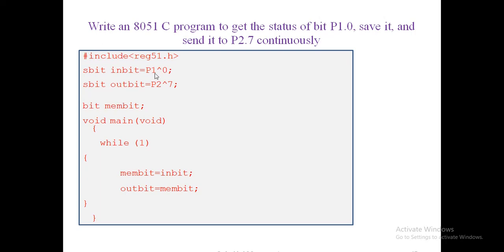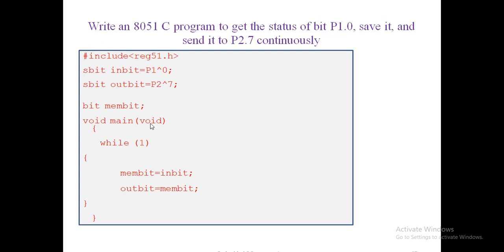But here, whatever data you are writing from P1.0, it can randomly choose some location in the RAM. So bit membit is a name I assign here, a data type with the name membit. Here I do not mention which bit is going to save the status of P1.0, but in assembly level programming it is possible.